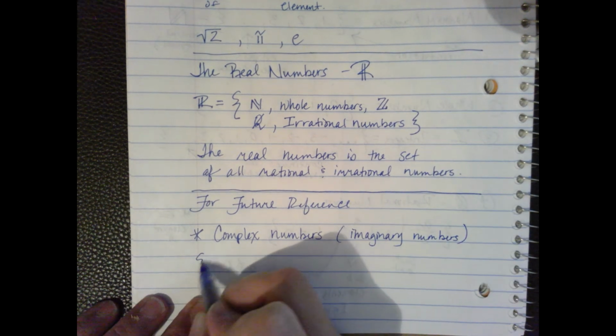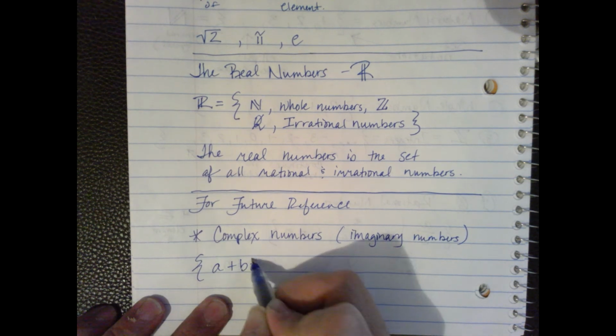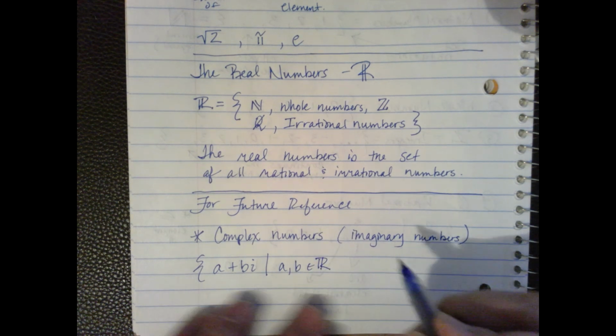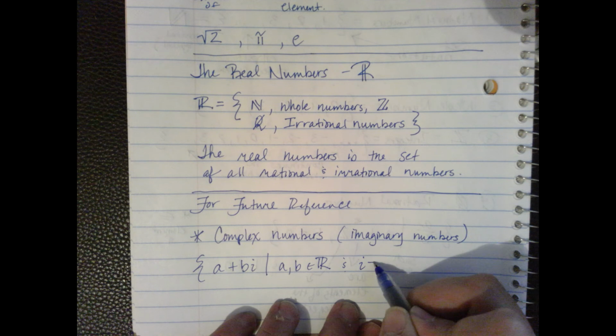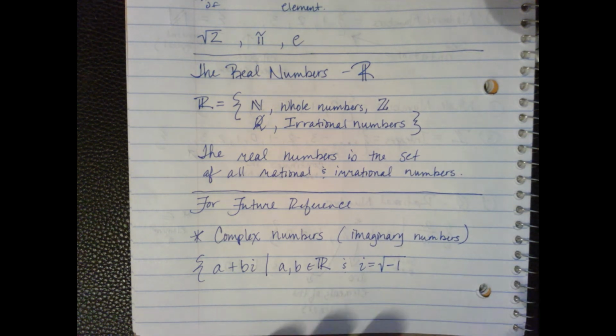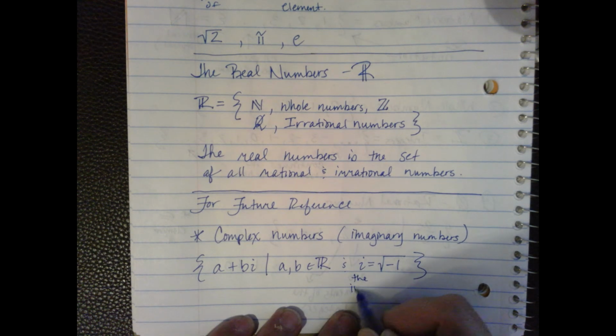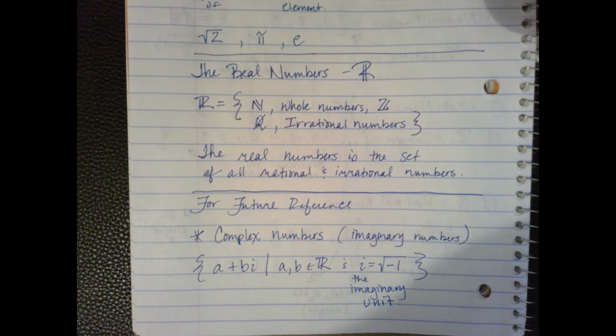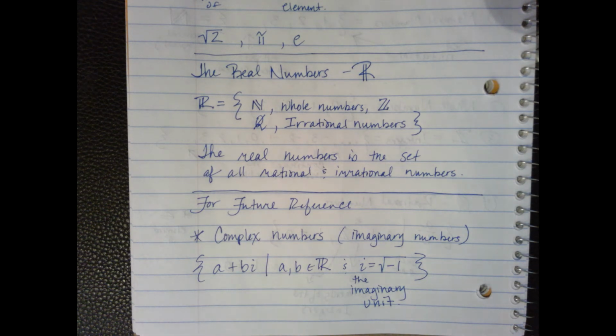Those are numbers of the form a plus bi, such that a and b are real numbers and i equals the square root of -1, the imaginary unit. We're not going to use the complex numbers very much at the beginning of the class. They will be addressed. I just wanted to talk about them now as we're talking about sets of numbers.